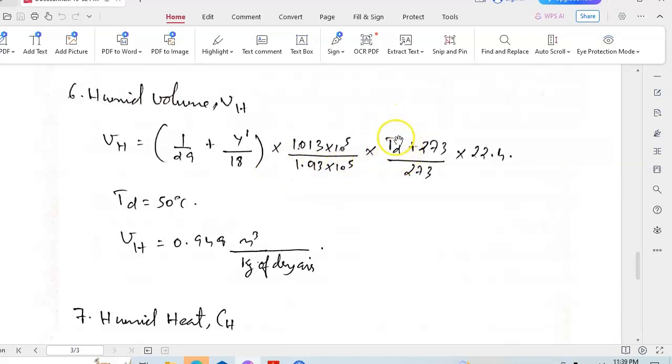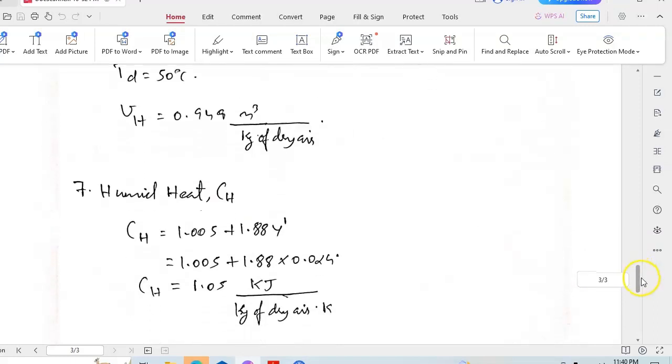TD means dry bulb temperature plus 273, divided by 273. 273 is the reference temperature; we add 273 to convert degrees Celsius to Kelvin, into specific volume 22.4. Specific volume is fixed for all the problems. So we have the dry bulb temperature as 50 degrees Celsius. Substituting in this equation, we get humid volume as 0.949 meter cube per kilogram of dry air.